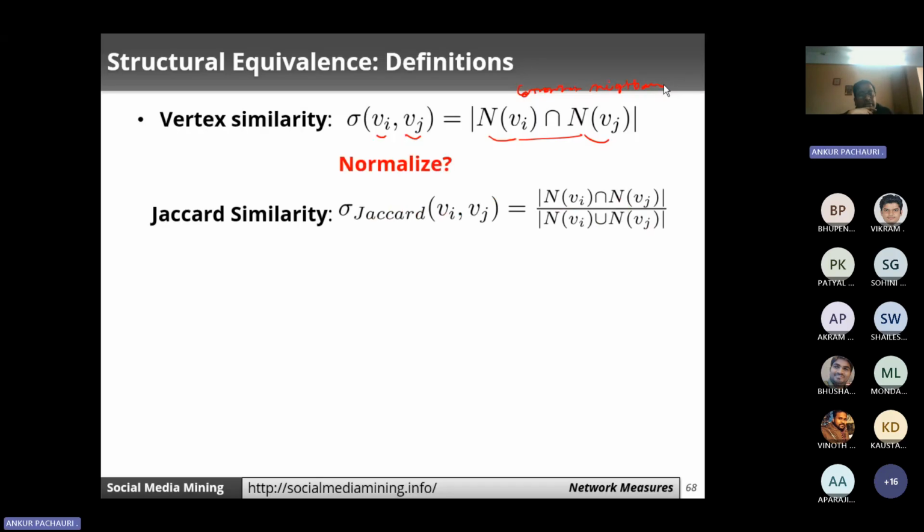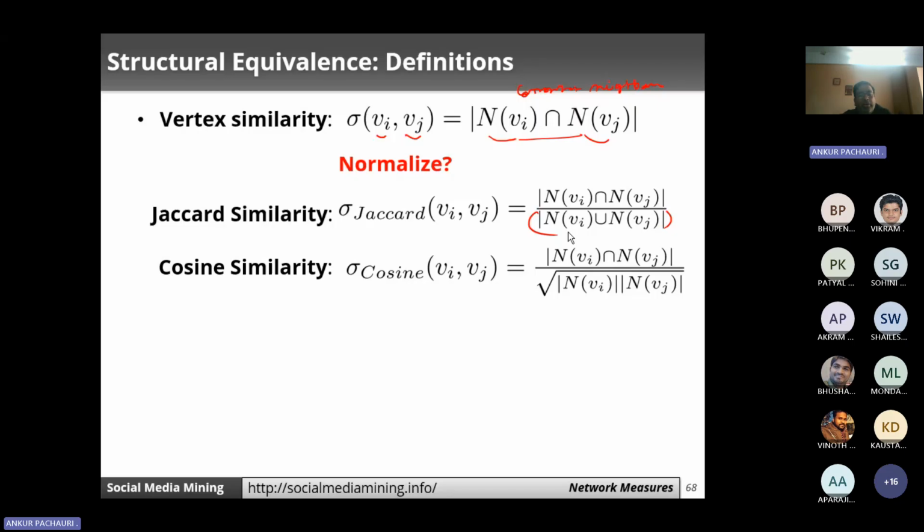We'll have to normalize it; obviously, every time we have to normalize it. If we normalize the common neighbors by the set of all neighbors, N(Vi) union N(Vj), the union meaning all the neighbors, then that type of similarity is called Jaccard similarity.